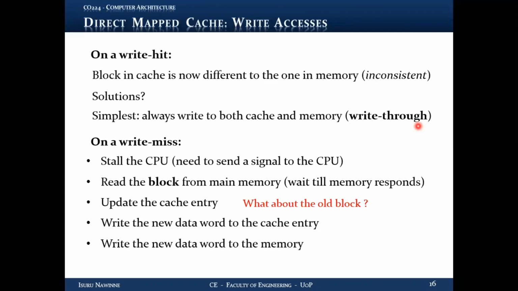Now we have added this write policy into our cache design. We have a write policy which is write through. With that in the picture, now is it okay to lose that old block, discard that old block? What do you think?